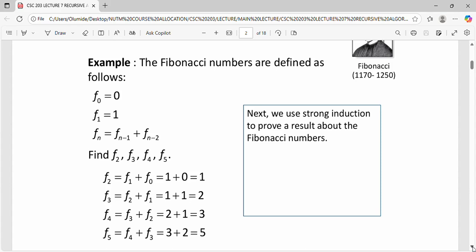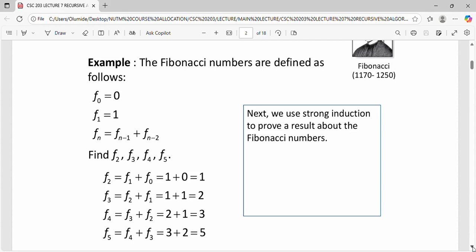The first thing we're going to be looking at here is the Fibonacci numbers. Now we have our f0, which is the initial value. Then we say our f1 is equal to 1. Then we have a generalized form, which is f of n is equal to f subscript n minus 1 plus f subscript n minus 2. We want to find f2, f3, f4, and f5.